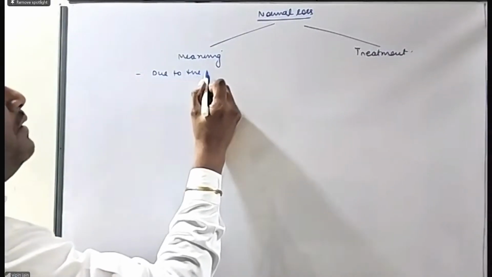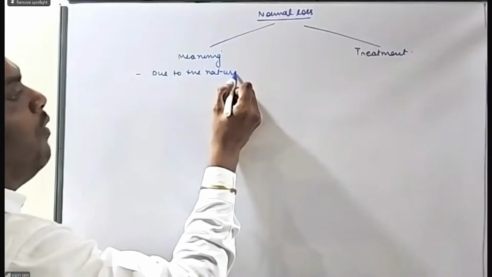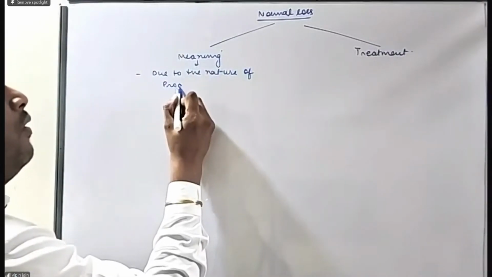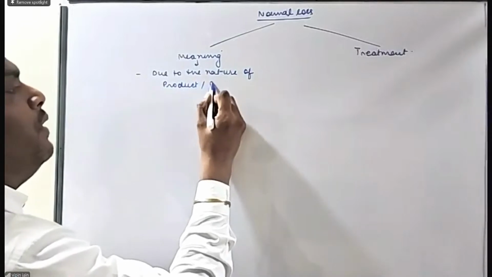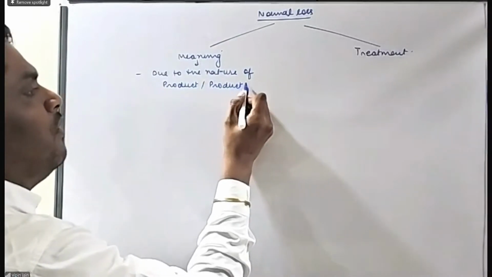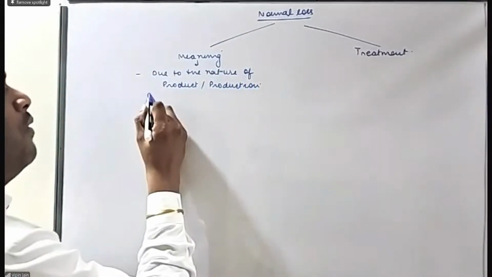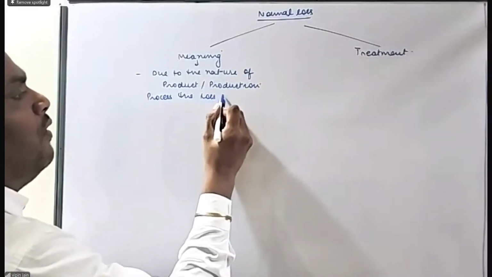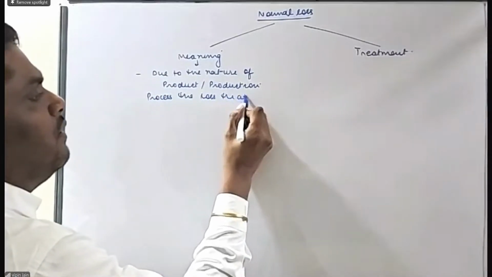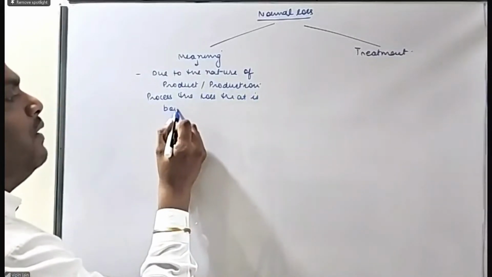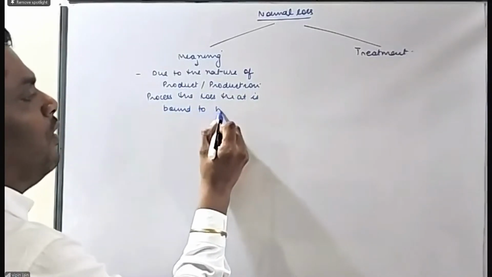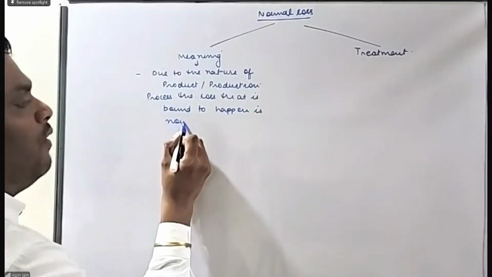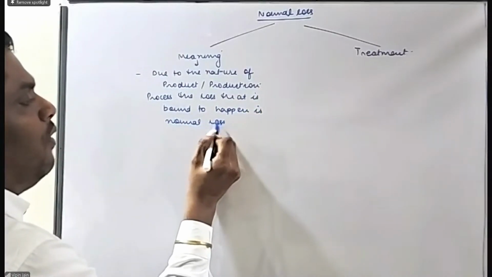Due to the nature of product or production process, the loss that is bound to happen is normal.